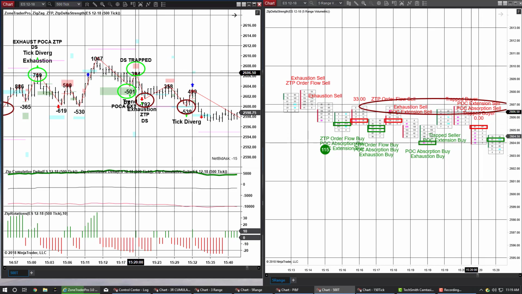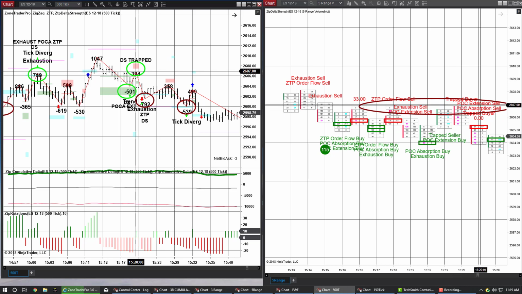However, as we traded up into here, where we would expect to again see resistance, we did have delta strength and a trapped seller signal, along with other significant order flow during that entire period.